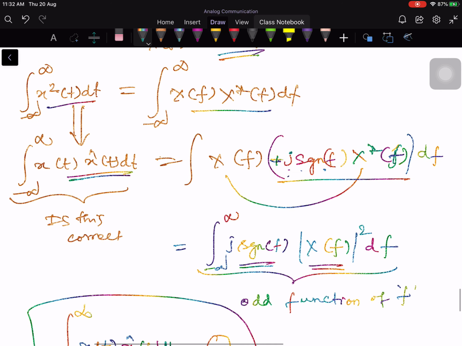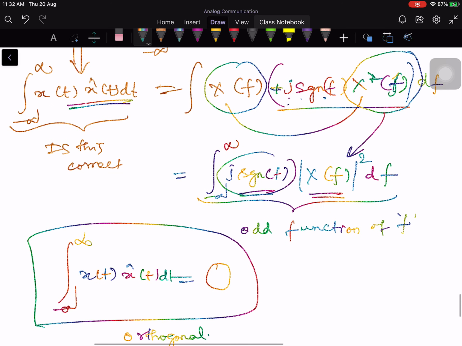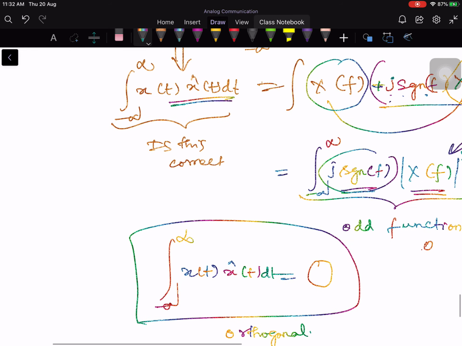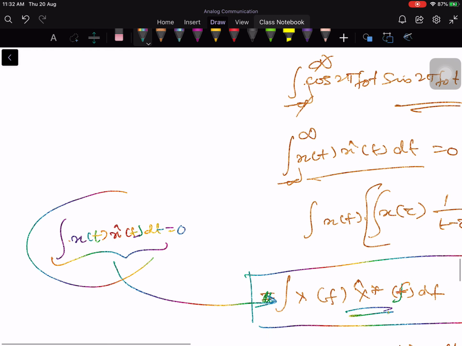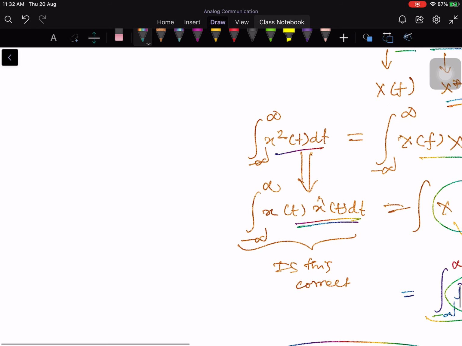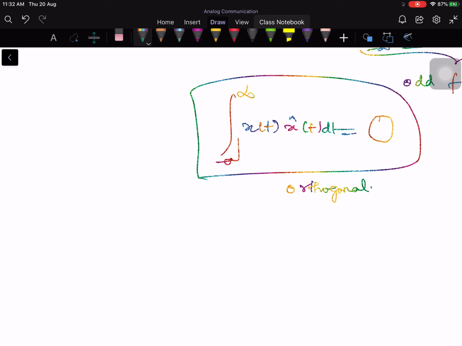Therefore this j times signum of f is there, and this x of f and this x conjugate of f become modulus squared of x of f. And since it is an odd function, this integration leads to 0. The left hand side you have of course this one. Therefore the signal x of t and its Hilbert transform are orthogonal to each other.